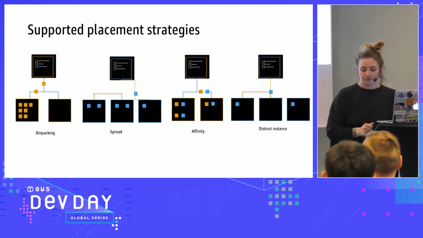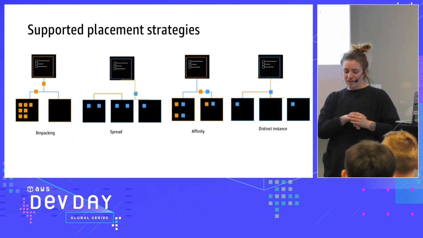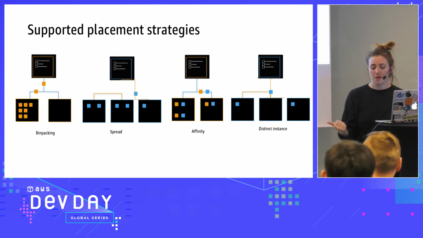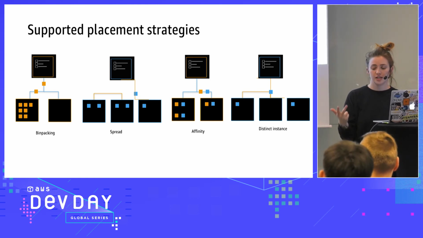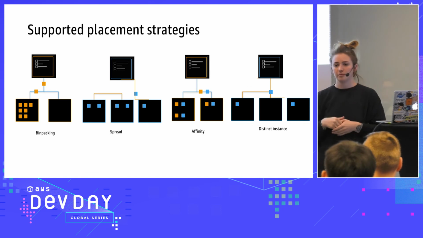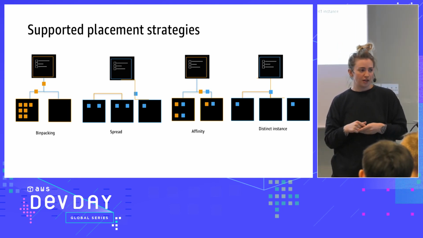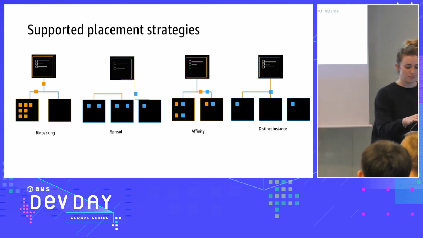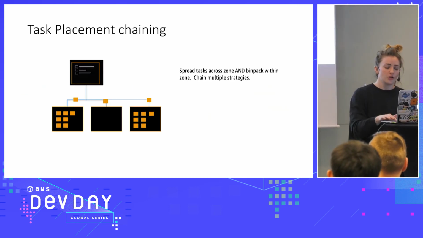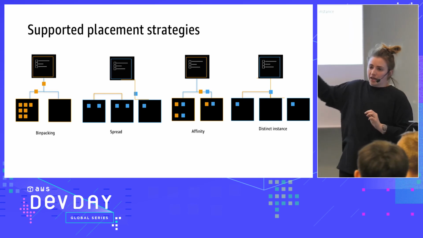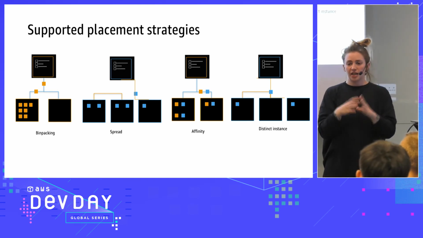Placement strategies. So we're going to go into all 4 of these. You have bin packing, you have spread, you have affinity, and you have distinct instance. Since these have been uncreatively named like everything else that I've talked about, I think they're somewhat self-explanatory, but we will dig into them. So bin packing means to pack things as closely together as possible.